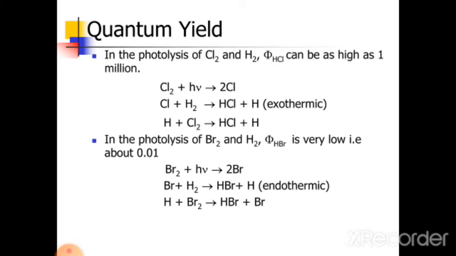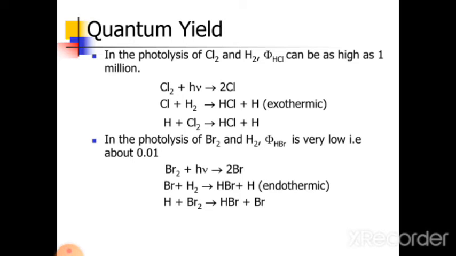Chlorine reacts in the presence of light to give a chlorine radical. So Cl reacts with hydrogen to give HCl and hydrogen radical. Hydrogen radical reacts with Cl2 to give HCl plus chlorine radical. In the photolysis of bromine and hydrogen, the quantum efficiency is very low, that is 0.001.